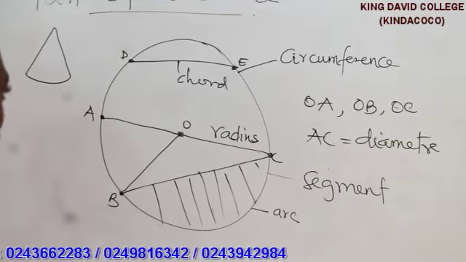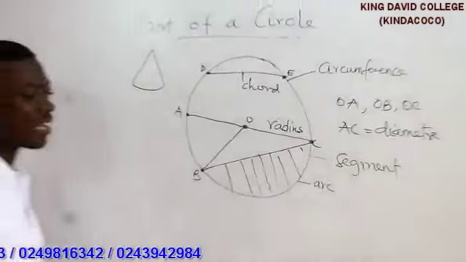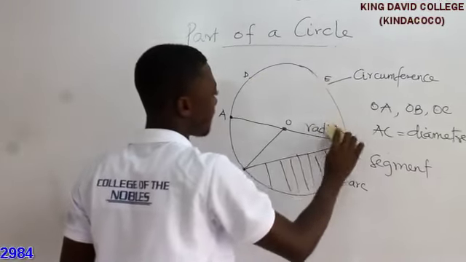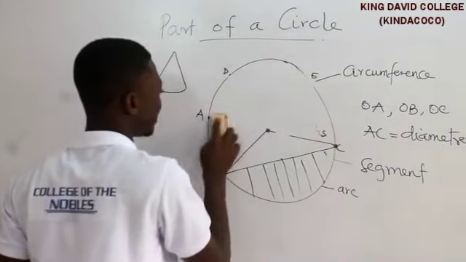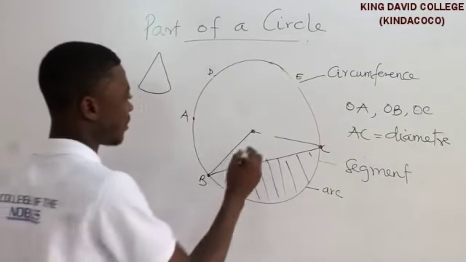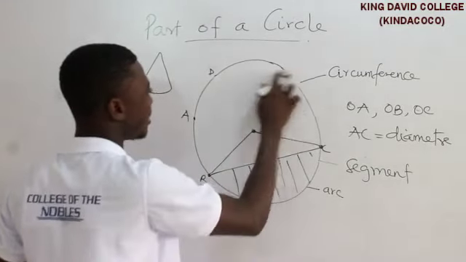Now, if I clean these lines in there, then we have a new sector introduced. You remember that we said the definition for a sector is that it's bounded by two radii and an arc.